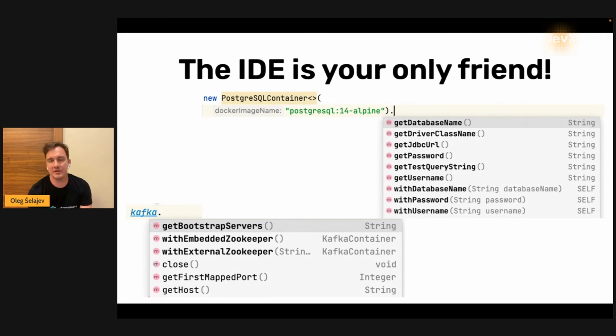For Kafka, for example, you need to get the bootstrap servers URL, and the people who created that Kafka container abstraction knew that you would need it. So they created a convenience method for that. As an end developer, you don't have to know that. You can just type dot in your IDE, and the IDE will suggest how you do that. So Testcontainers removes the worry about configuring services out of the picture, moving the obstacles away, making developers a little bit happier superheroes.